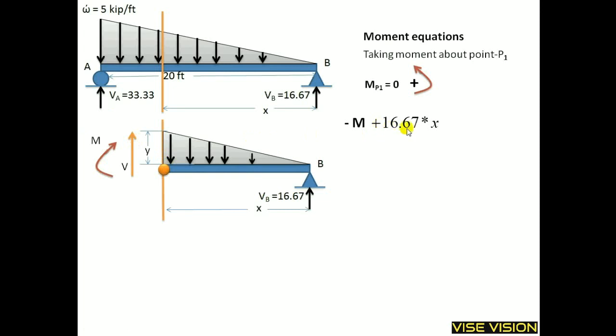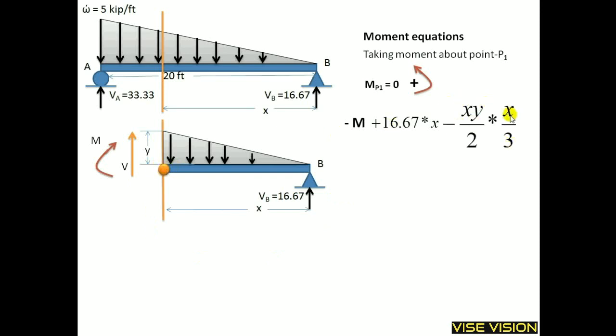And this 16.67 is the upward reaction force, multiplied by x. x is the moment arm about point A for this force, taken as positive because this force creates a counterclockwise moment about this point.